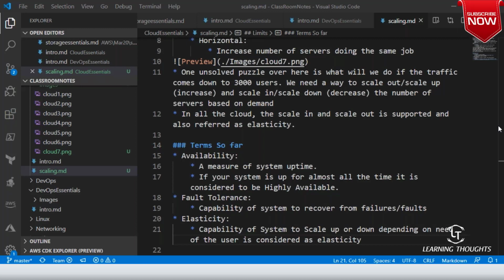But let us assume that Facebook has a downtime. Availability is generally measured in percentages: system uptime divided by total time.